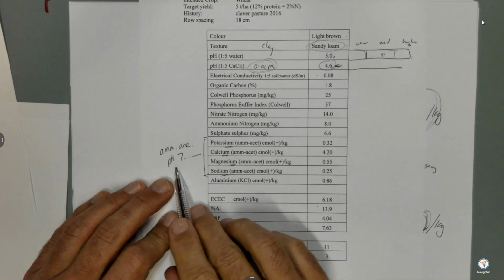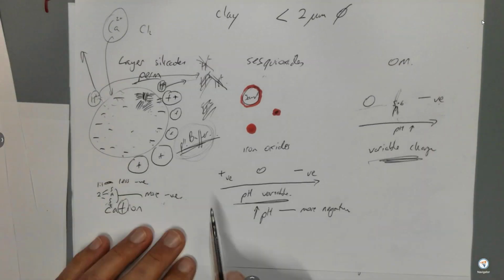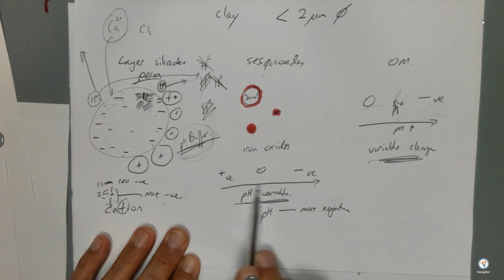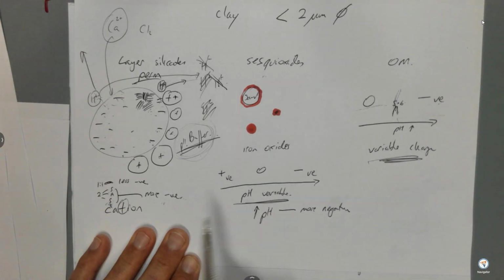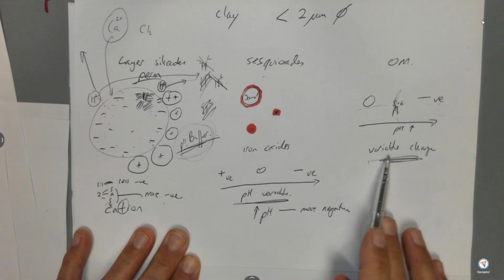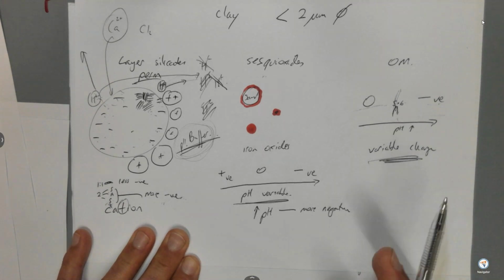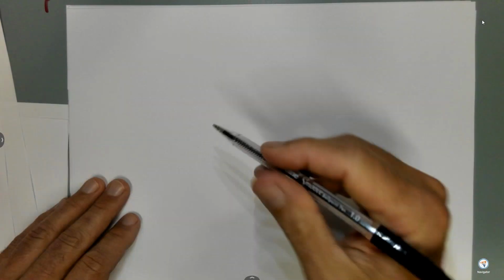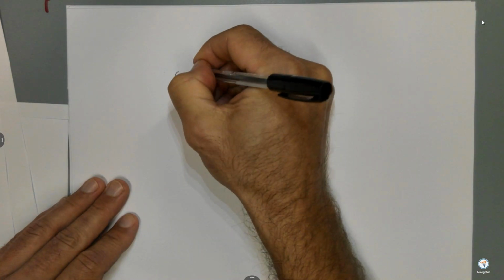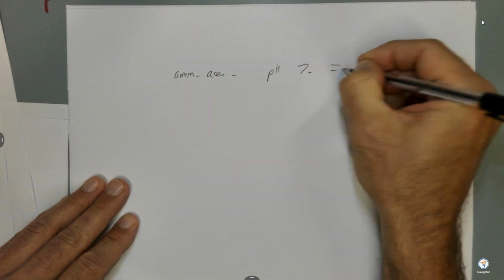They do that because they understand that some clays have this pH variable charge, and by buffering it at 7, it's keeping that variable charge constant at a constant place, right? So that's what that ammonium acetate pH 7 does. This is giving us our CEC.